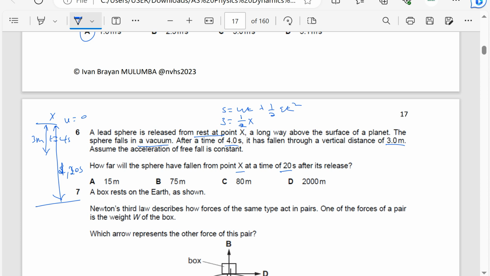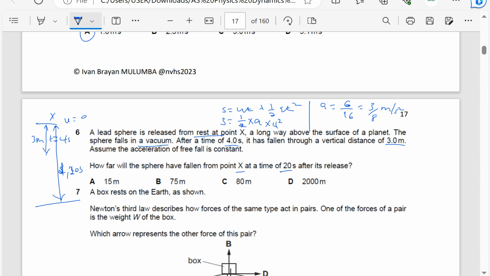So I will just say times the acceleration a, and the time taken is 4 seconds, so that will be 4 squared. So this gives us the acceleration. The acceleration is going to be 6 divided by 4 squared, which is 16, so this will be 3 over 8, that is 3 over 8 meters per second squared. That is the acceleration.